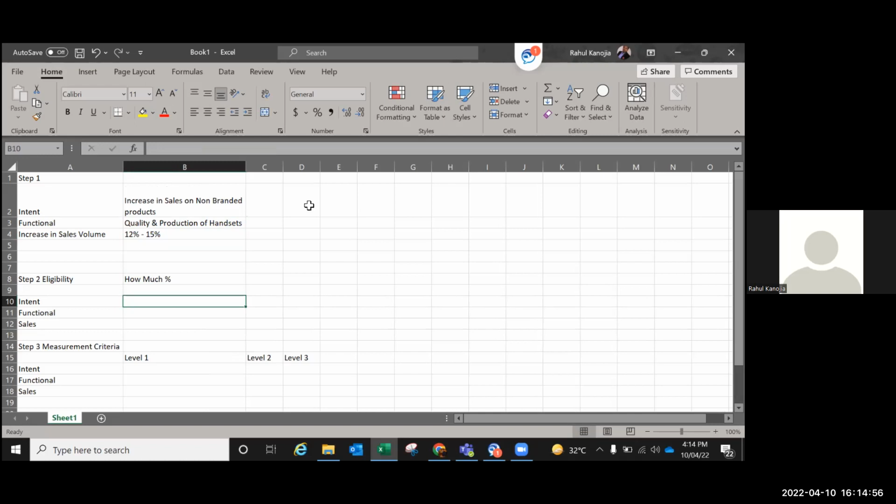In step 2, for eligible from day 1, there are two criteria. One is eligible after confirmation and eligible from day 1, which are the salespeople and the sales manager. I think we'll have to bifurcate, right? Can I just intervene? Yes, ma'am.